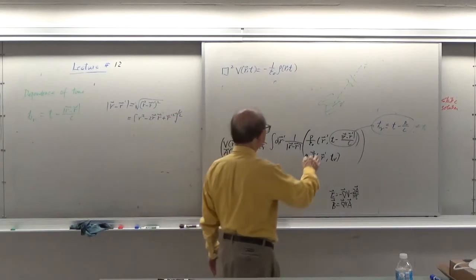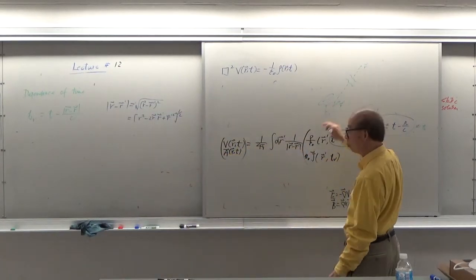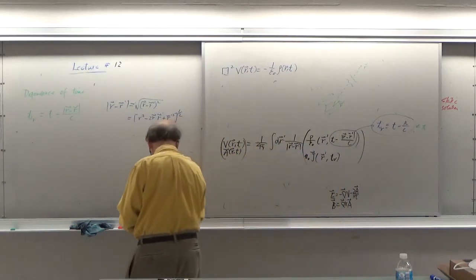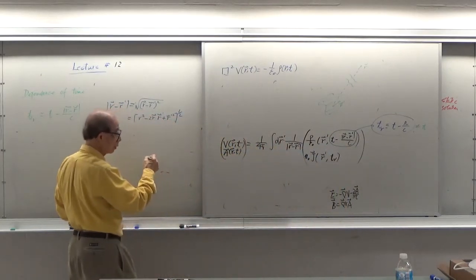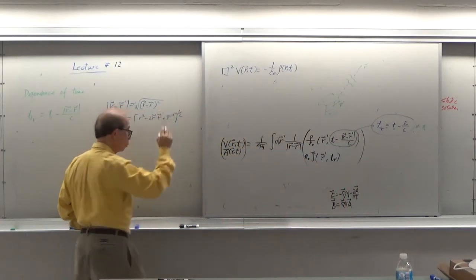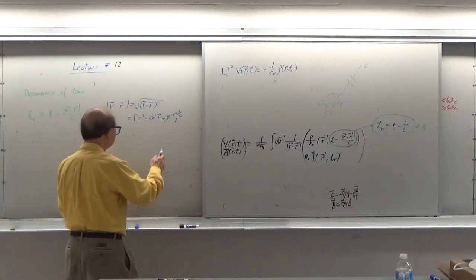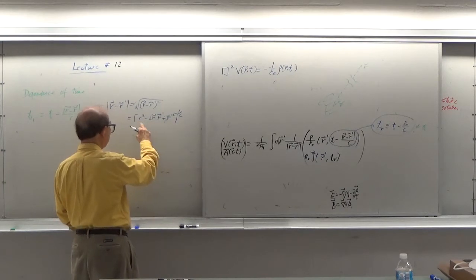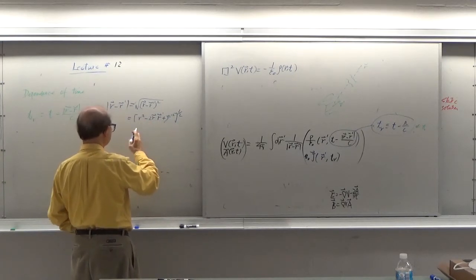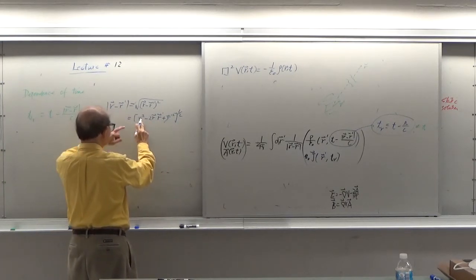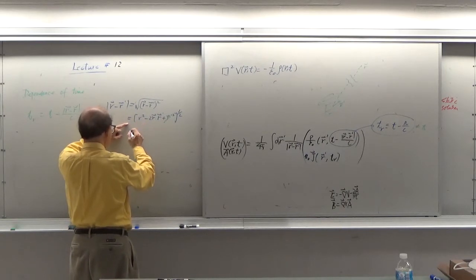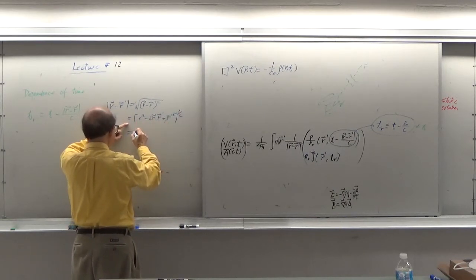Since I'm very interested in R much greater than R prime, we can now, as a first approximation, ignore this term. And then make a Taylor expansion for the square root of R squared minus this. So let me pull out this R squared, so this R outside.